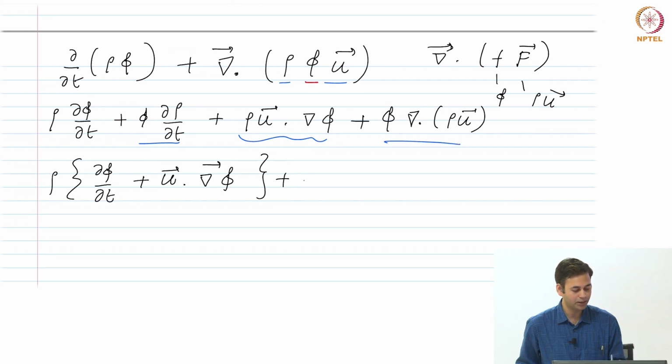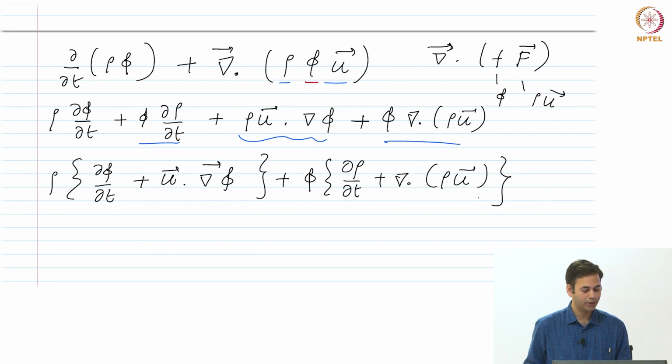So, these are nothing but phi times partial rho partial t plus del dot rho u bar, okay. So, I got two expressions, one multiplying the density, the other one multiplying the phi, okay.